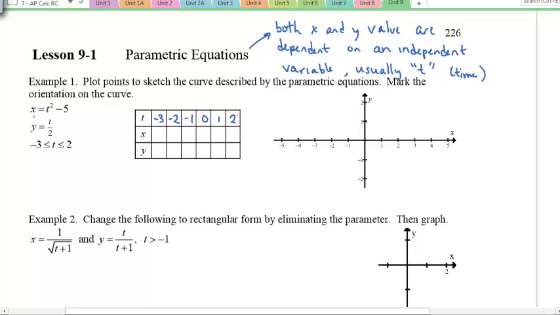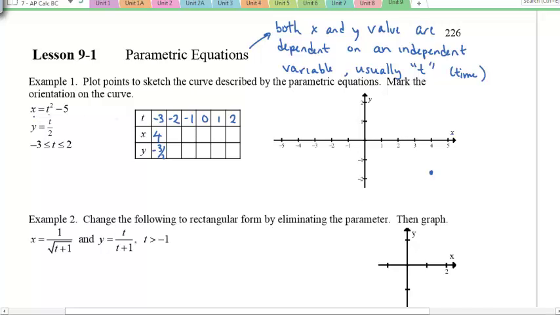So if you're doing it this way, your goal is to find the x and y coordinates. I'll plug in -3 for t, so -3 squared is 9, 9 minus 5 is 4. Do the same thing with the y value, you get -3 over 2, so I'll plot that point first, 4 comma -3 over 2. Here is the value when t equals -3.